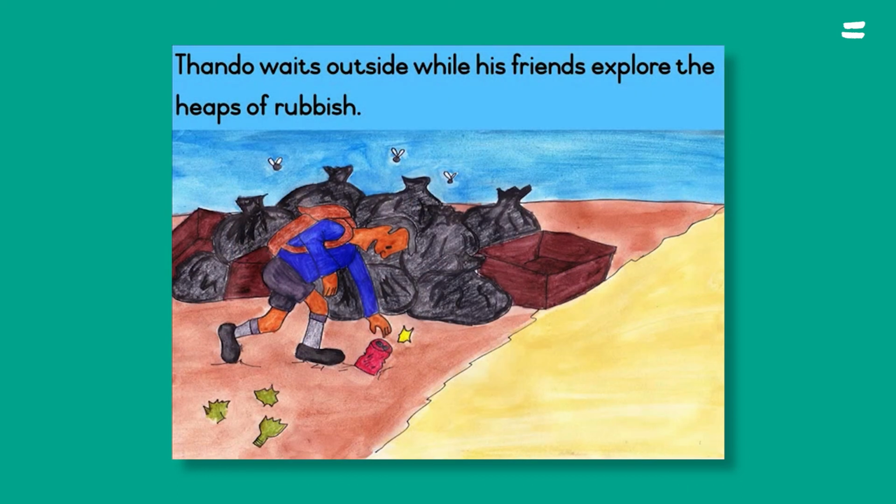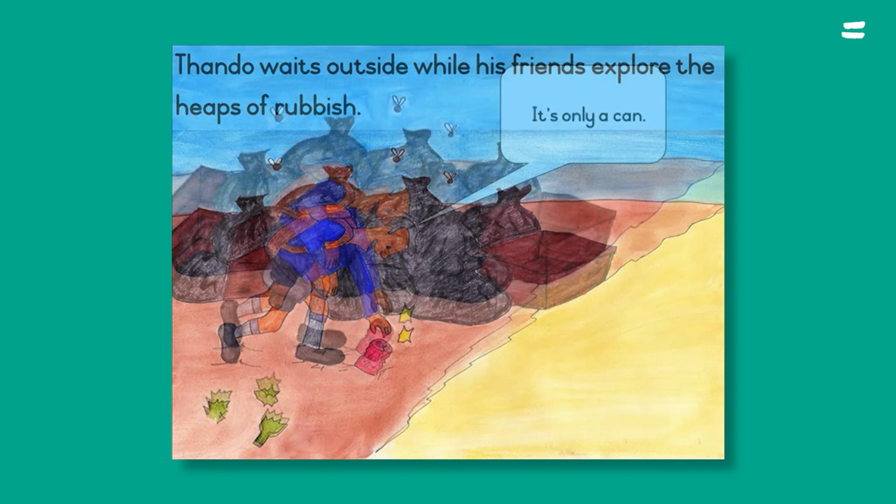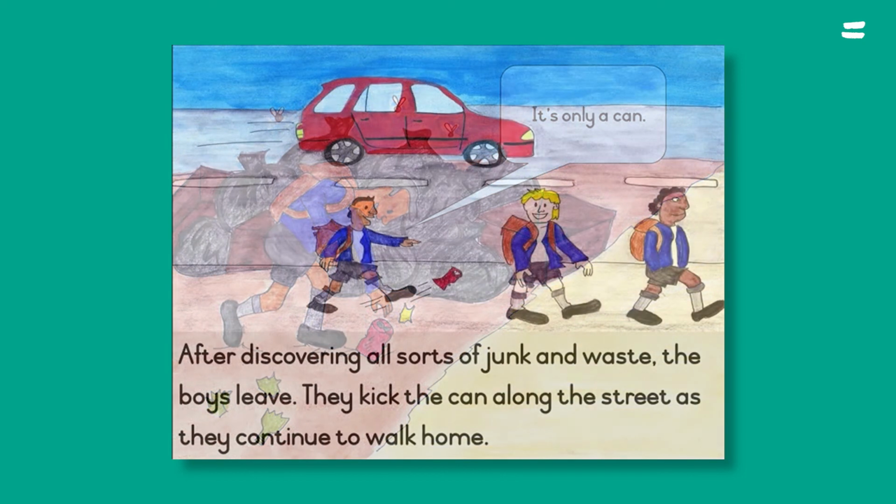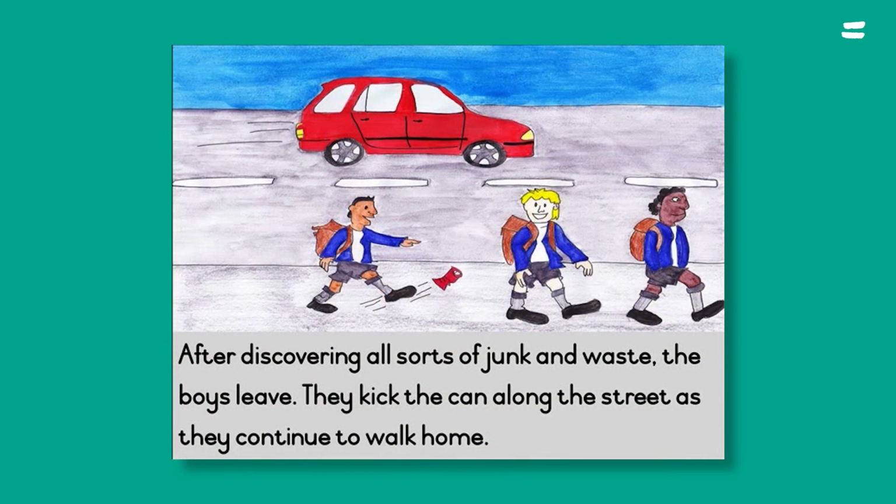Thando waits outside while his friends explore the heaps of rubbish. "It's only a can." After discovering all sorts of junk and waste, the boys leave. They kick the can along the street as they continue to walk home.